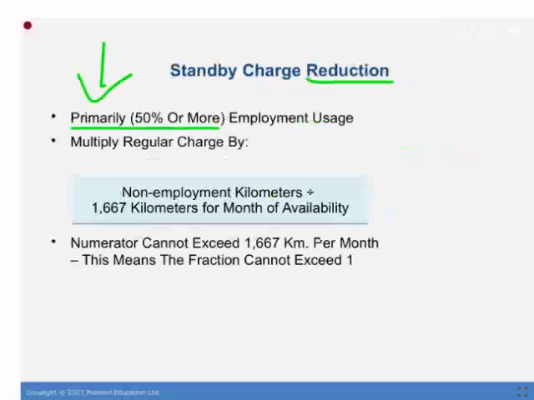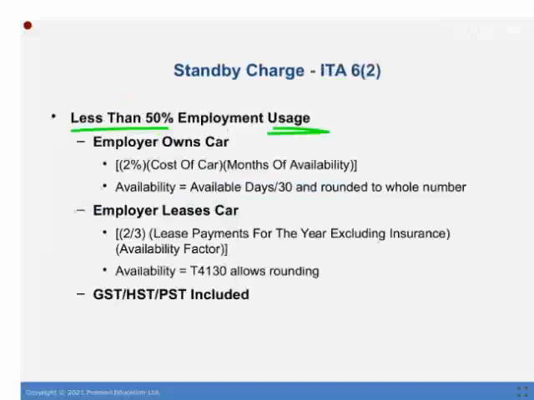So the phrase primarily means 50% or more. The main usage of the vehicle, or the majority usage of the vehicle, is for employment purposes. So that's what we're getting at here.